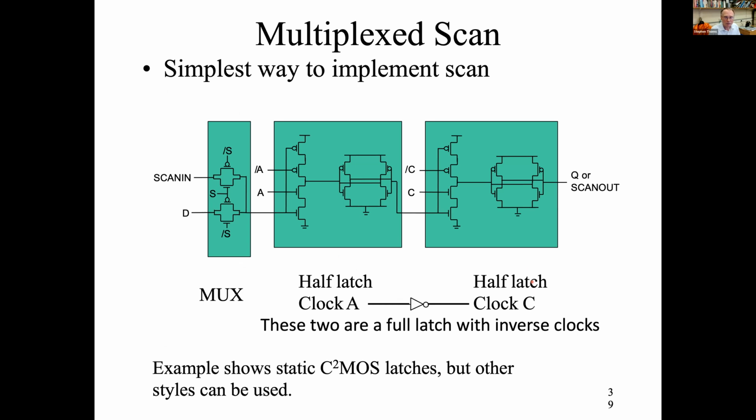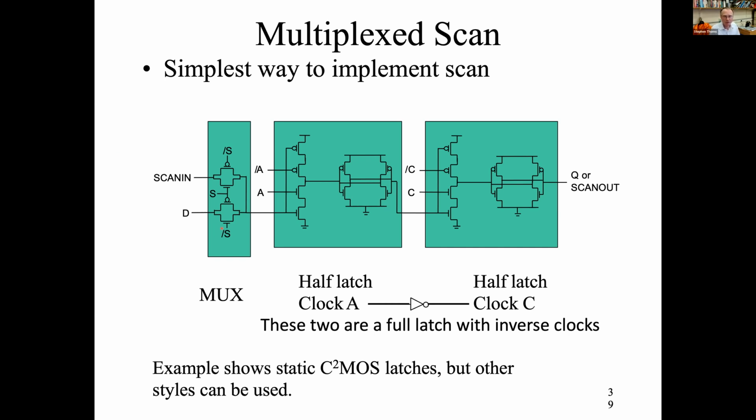And you can draw that at the transistor level if you want. So these are our half latches. There's one here and one here. And then we've got our scan-in with our two transmission gates to make the multiplexer.